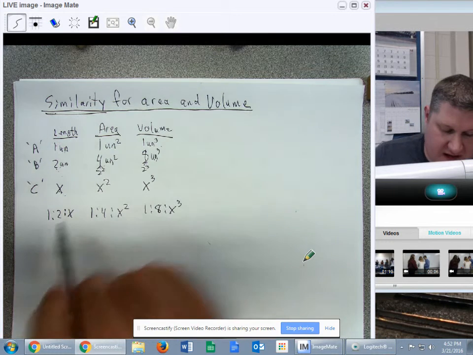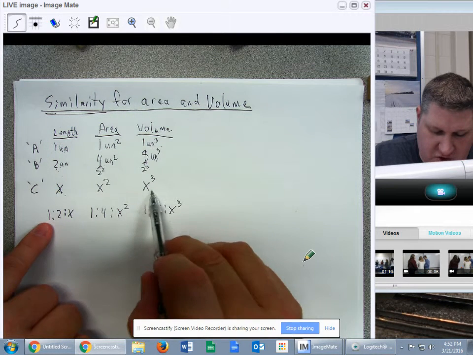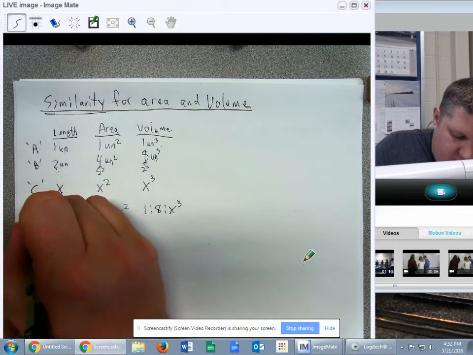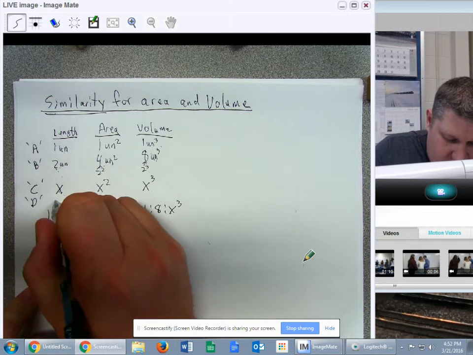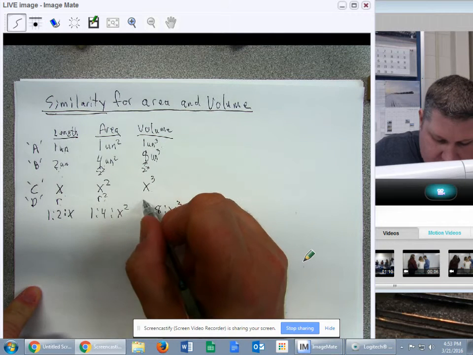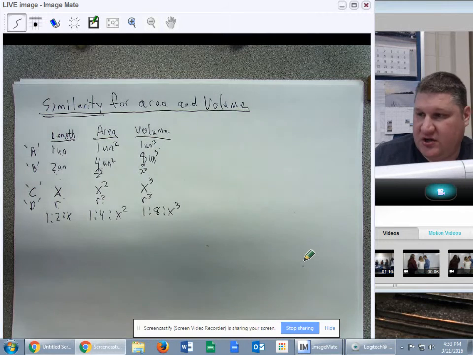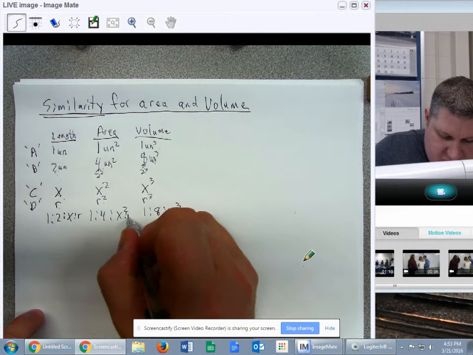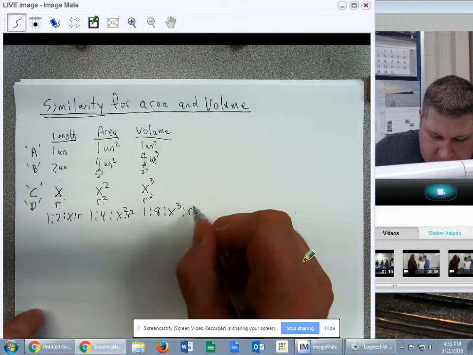And so we would have the volume of our cube with unknown side. If I have another figure D of size r, we would therefore have r squared for its area and r cubed for its volume. I would simply add another term on here.